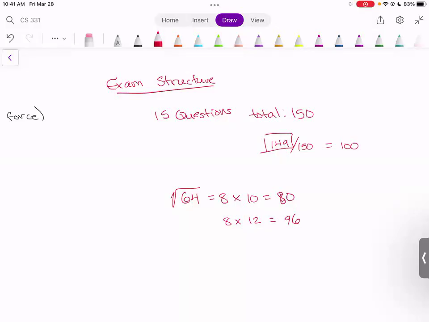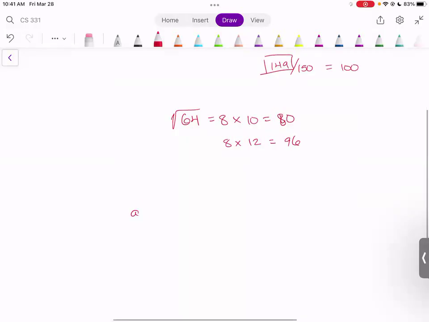Okay, perfect. In order for you to get credit for part A, you have to get part B correct. So say part A says, I'm just going to give you a random example, something along those lines, okay?